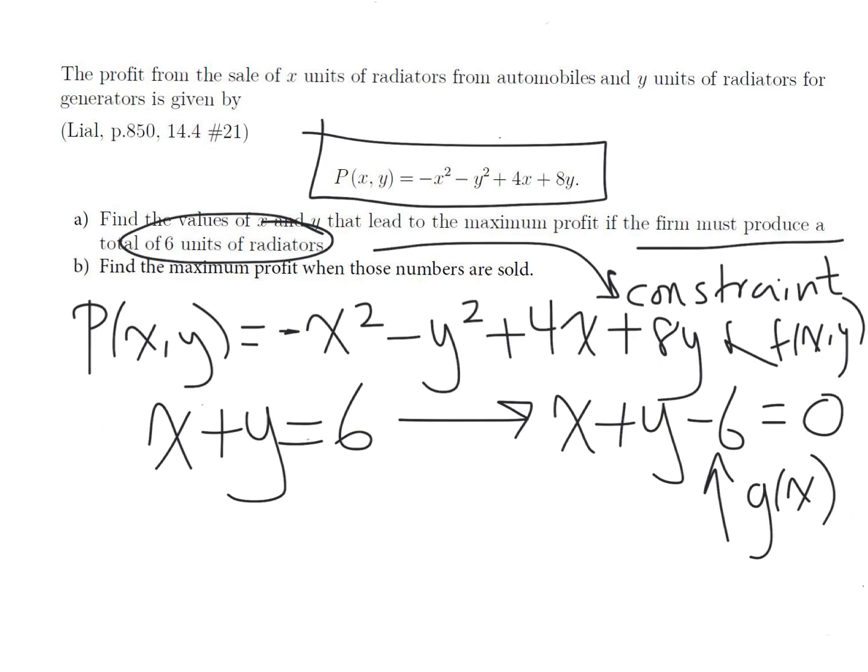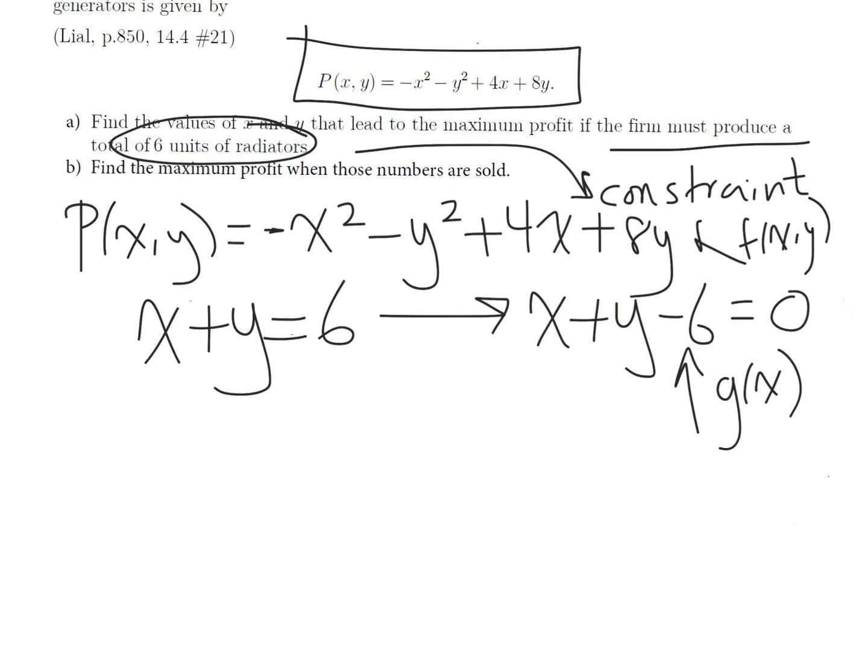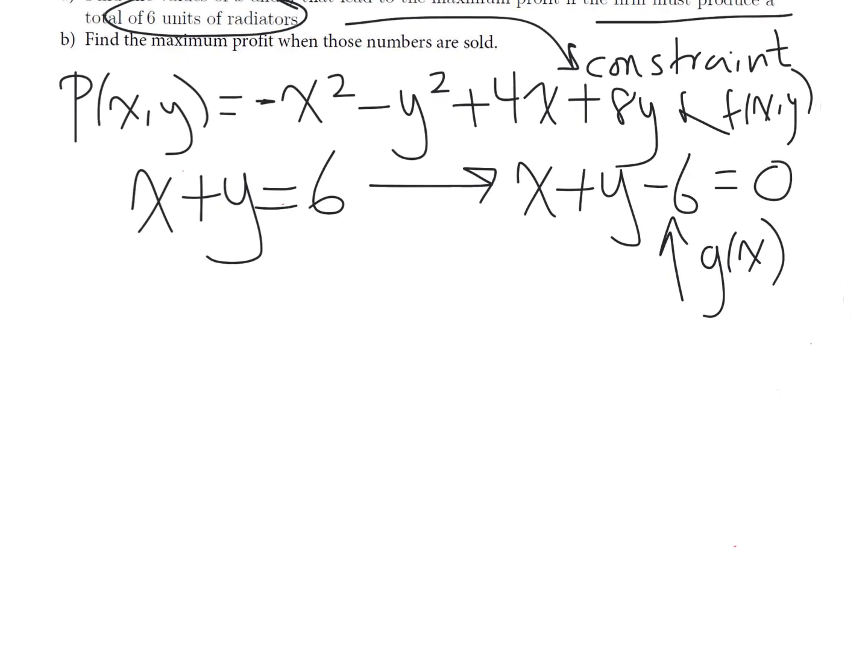So now we combine that into the Lagrange, the big Lagrange function, and we start to solve. The formula for the Lagrange multiplier function will be on your formula sheet, and of course you're writing it down now, so you'll be able to access it for the final exam, okay? So let's set it up.